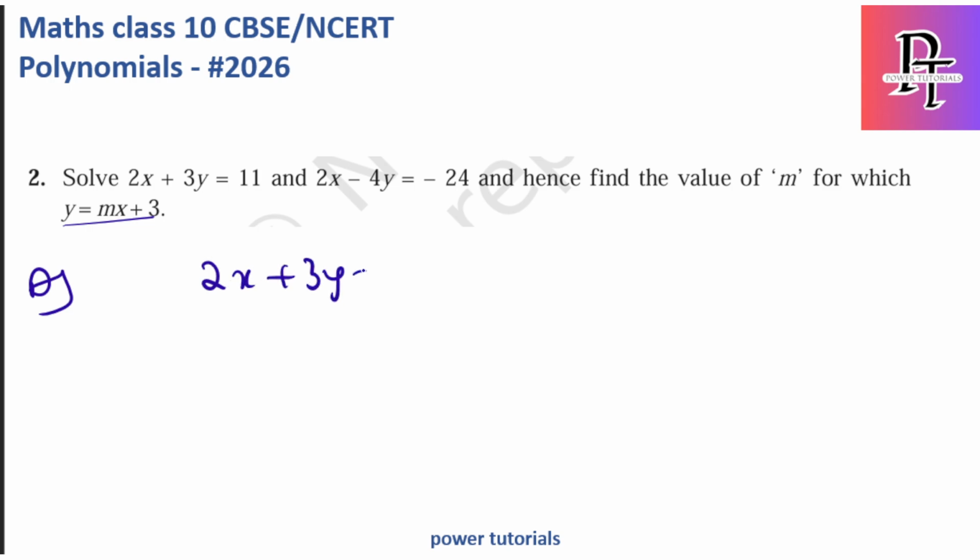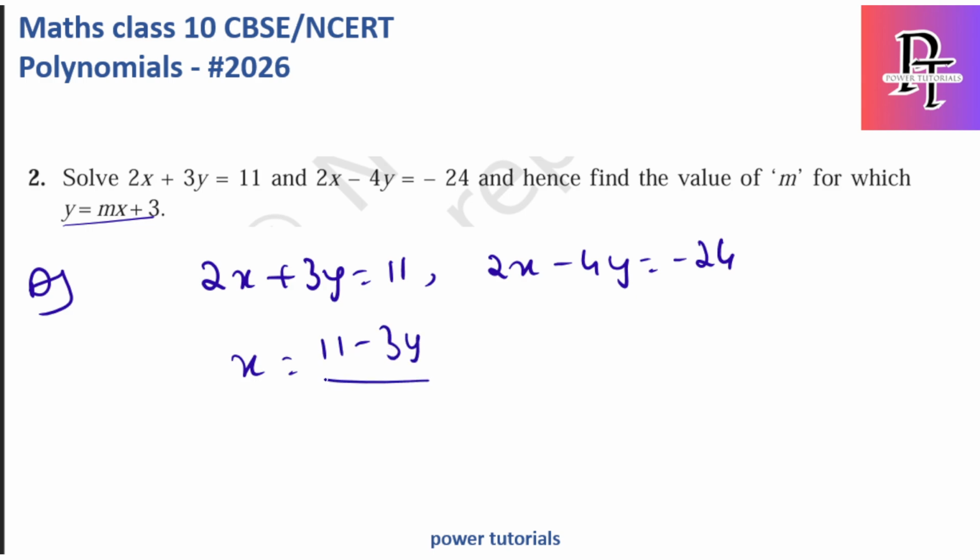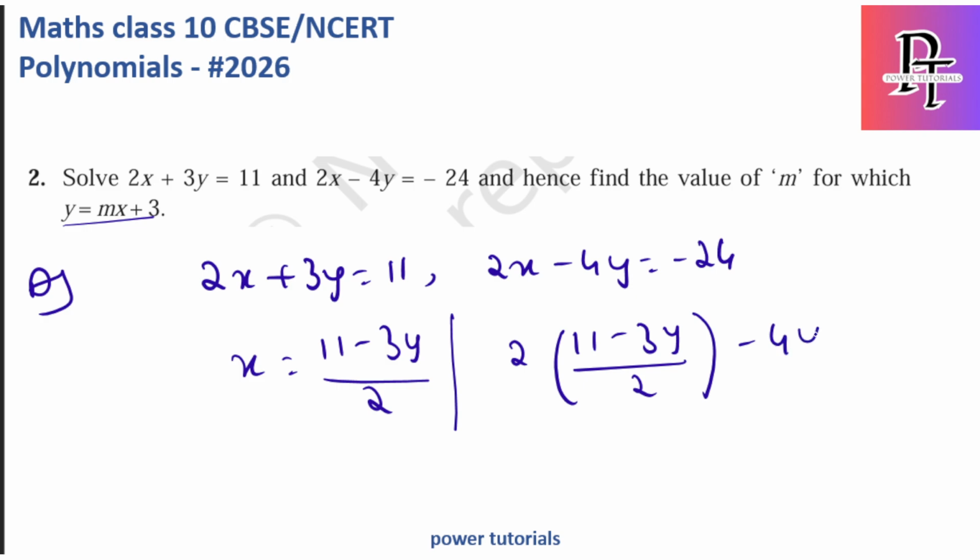2x plus 3y is equal to 11 is the first equation. The second is 2x minus 4y is equal to minus 24. So using the first equation, we'll again get the x value, which is (11 minus 3y) by 2. Substitute here. So this becomes 2 into (11 minus 3y) by 2 minus 4y is equal to minus 24.